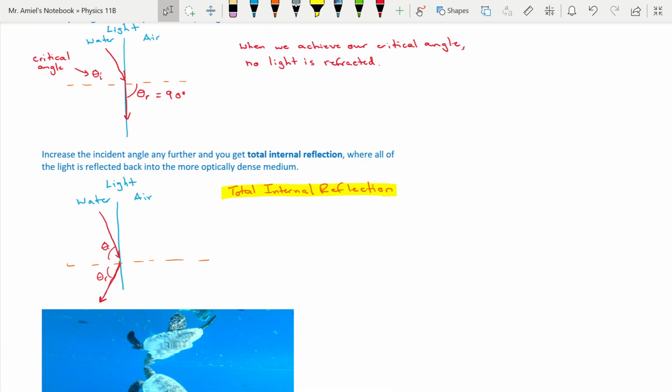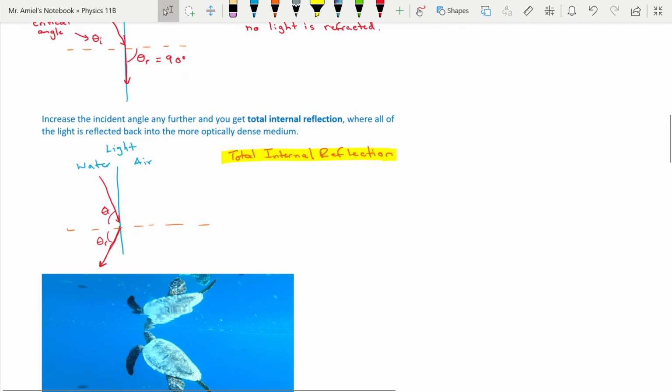And if we go beyond that critical angle, we're going to get what's called total internal reflection, where all of the light is reflected back into the more optically dense medium. So in this case, we're going to go back into water.